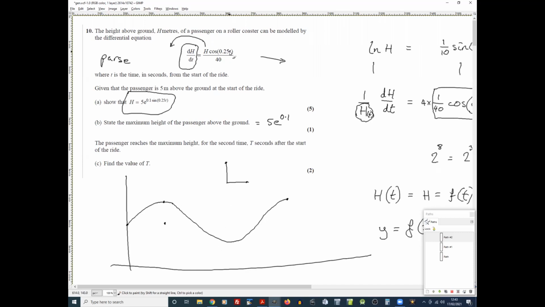The value of t when we get up to the 12 o'clock mark, what do you reckon? Oh, have I lost you? Oh no, sorry. The value of t when we get up to the, well, we know that sine 0.25t is equal to 1.